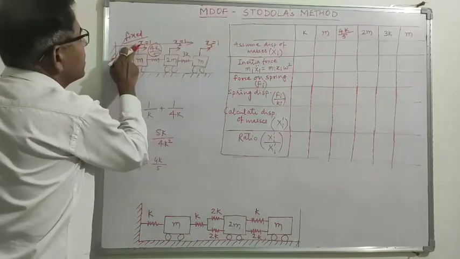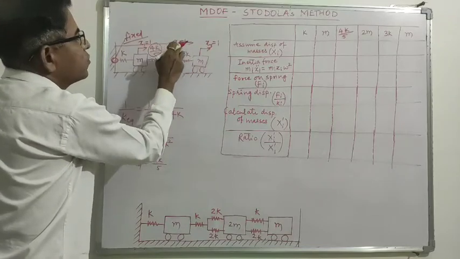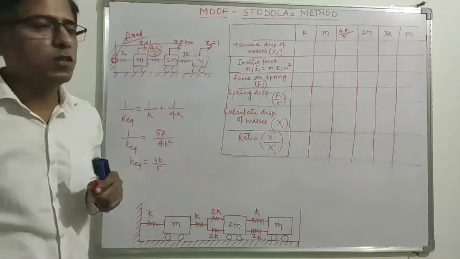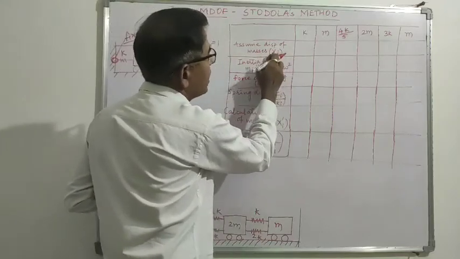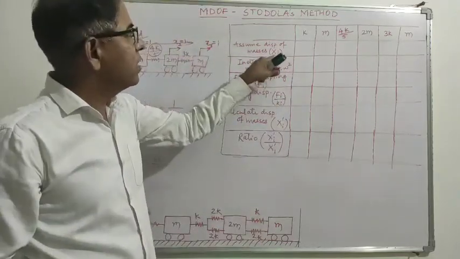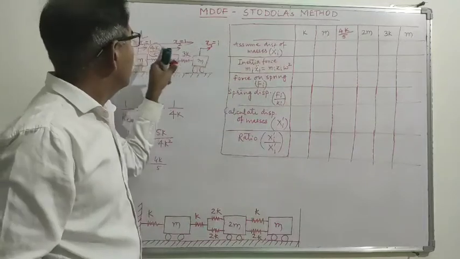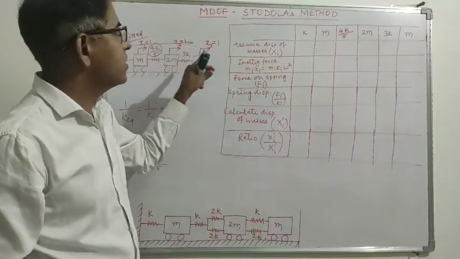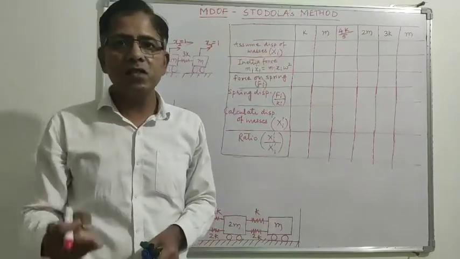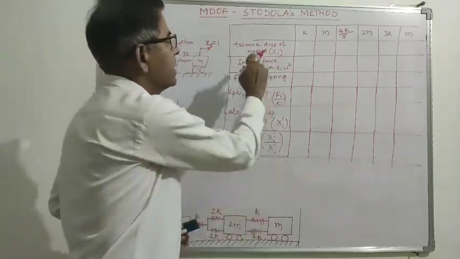So displacement at x1 as 1, x2 as 1, x3 as 1. So assume displacement of masses as xi. Here i stands for mass 1, mass 2 and mass 3, so x1, x2, x3. So this is xi.